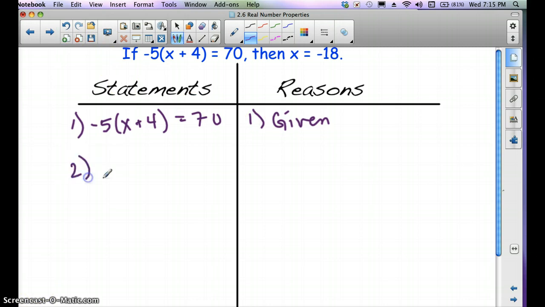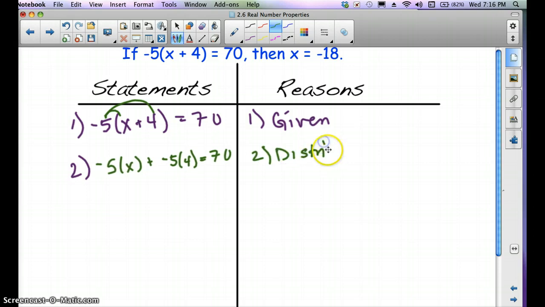Now what would you do next? Think about what you would do next. Right, you would probably do the distributive property. So we have negative 5 times x plus negative 5 times 4 equals 70, and that is the distributive property of equality.